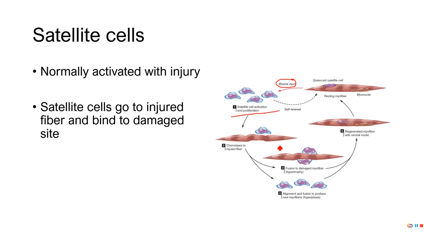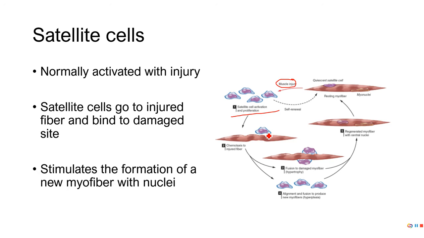And so what they then do is work with these damaged muscle fibers, and they ultimately cause the creation of a new myofibril or new myofiber along with its own central nuclei. Now, if you remember, muscle fibers have many, many nuclei, which help with protein synthesis all along that muscle fiber.